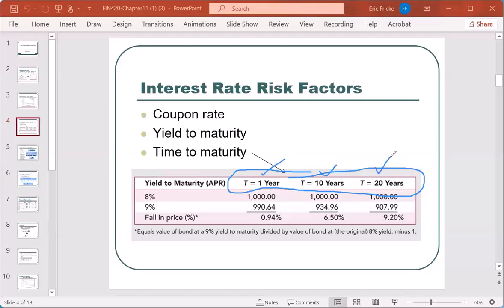So what we're going to do is we're going to see how when interest rates change, in this case, we're going to say interest rates are going to change from 8 to 9%, okay? What happens to the price of a bond for a 1-year bond, a 10-year bond, and a 20-year bond? We already saw in the last slide, 20-year bonds are going to be a lot more sensitive. They change price a lot more, right?